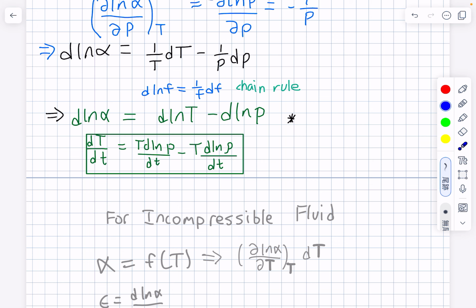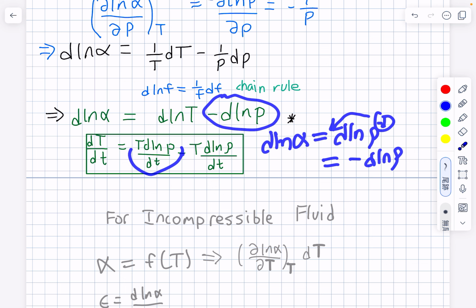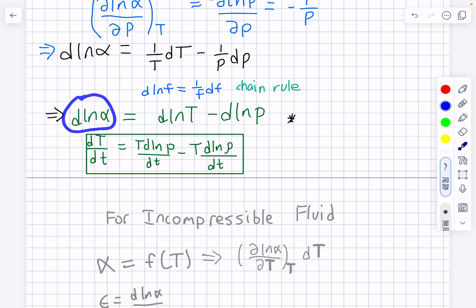And if you're curious how we got rho back in here, what we basically did is we said d ln alpha is equal to d ln rho to the negative 1 by definition, and you can take the negative out. That will give you negative d ln rho. And so this term gets added, so it's positive, and this term will now be a negative term as we just wrote here, and that will give us this equation. So we could also write this equation with this term changed, it would be plus T d ln alpha dt.